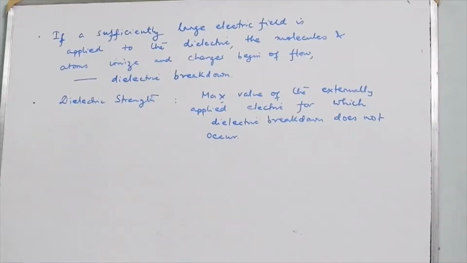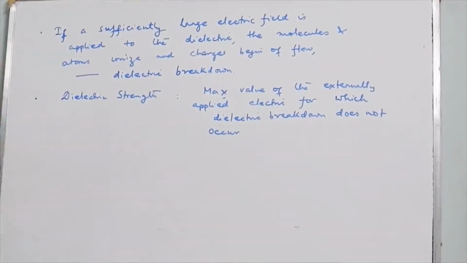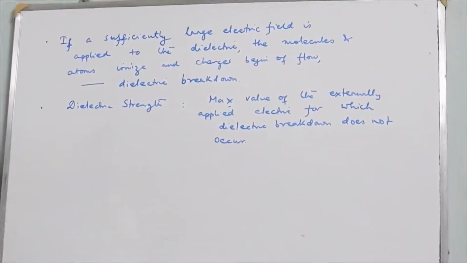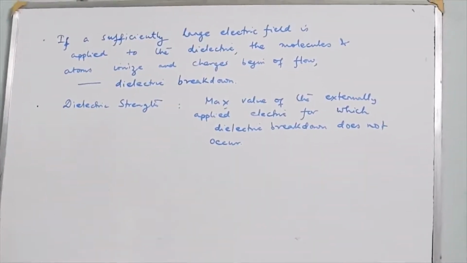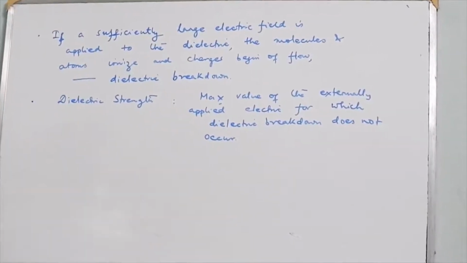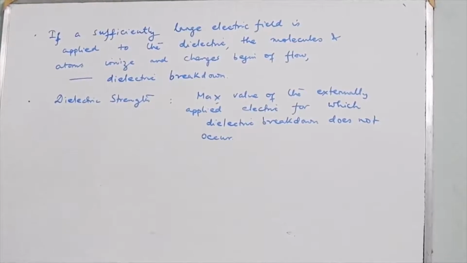So now we try to realize what happens when a dielectric is placed within the plates of a capacitor. We will see that the capacitance of the capacitor will increase in the presence of the dielectric.